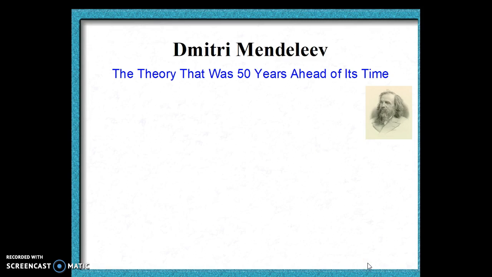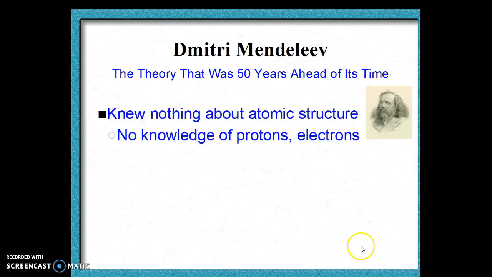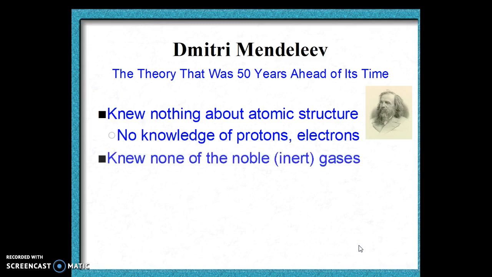Dmitri Mendeleev gave us the periodic table. He had a theory that was 50 years ahead of its time. Now, he knew nothing about atomic structure, had no knowledge of protons or electrons, had no idea that there was a nucleus. He knew none of the noble gases.